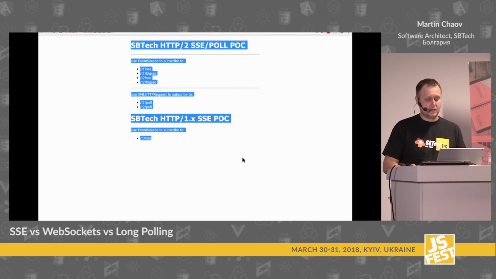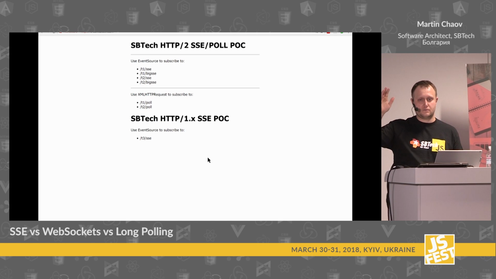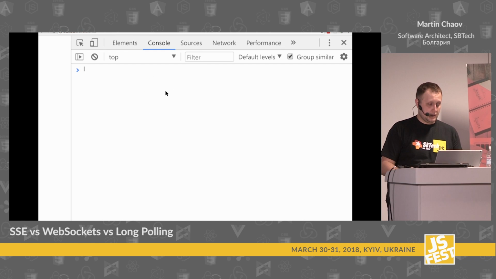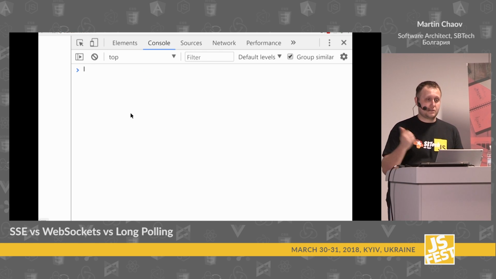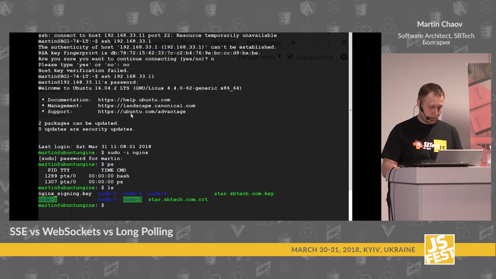So this is like a home page for Nginx default configuration. I just filled it with HTML to help me remember stuff. And this is the page which is going to try to connect to my nodes. Now I will start a few nodes.